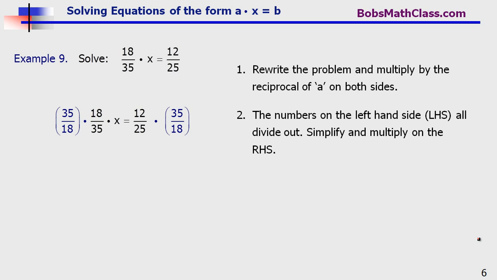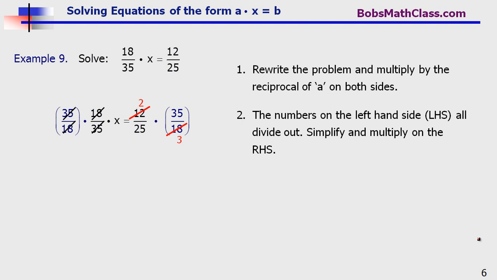Okay. Now, the numbers on the left-hand side divide out, and then on the right-hand side, we're going to simplify and multiply on the right-hand side. Okay, so the 35s and 18s, those cancel. And then on the right-hand side, the 12 and 18, they reduce by 6, and the 35 and 25 by 5.